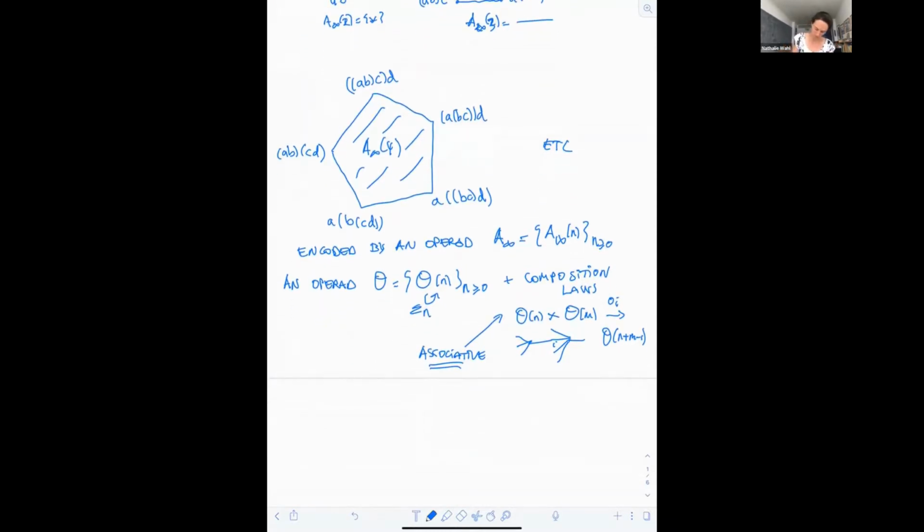So an infinity operad, these are only associative up to homotopy. Let's call this A infinity associative.